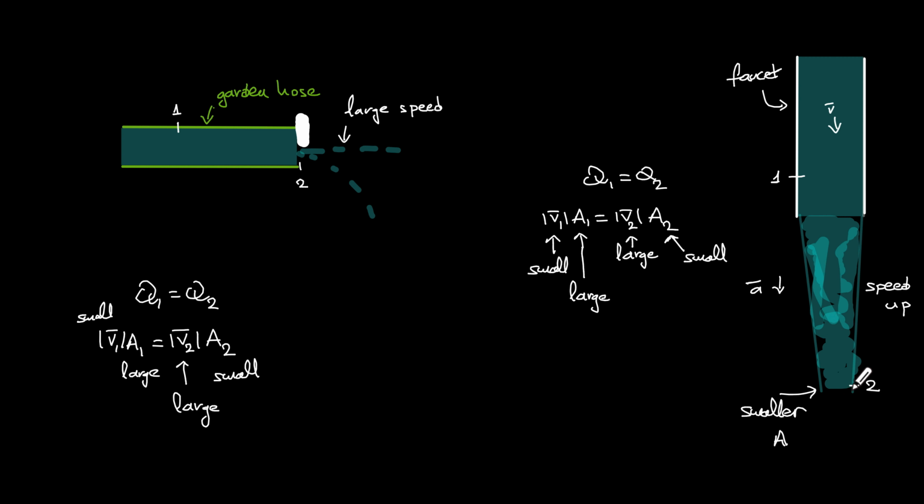The area here is going to be smaller, and the more you let the water run from a greater height, of course, the more the water will speed up, and then you will see a smaller and smaller diameter of the fluid flowing downwards. So these are two examples of how we use the equation of continuity in everyday life.